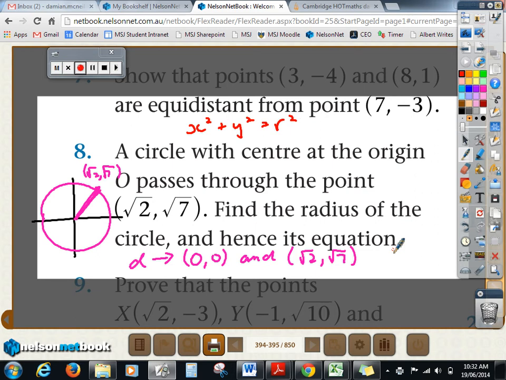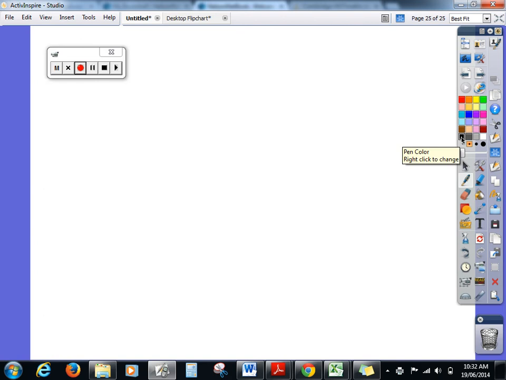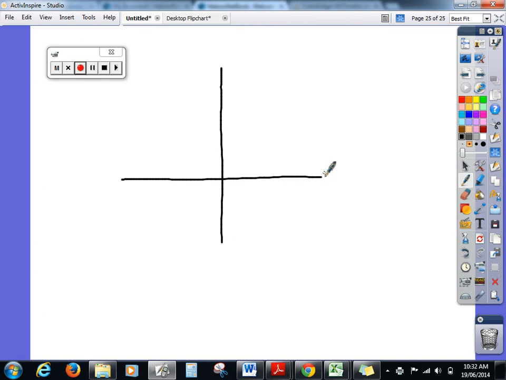Other types of questions that could be asked will be proving something is a rhombus. If you're proving something is a rhombus, you need to prove 4 sides are the same. So if this is A, B, C, and D, you prove that A and B and C and all these sides here are the same.